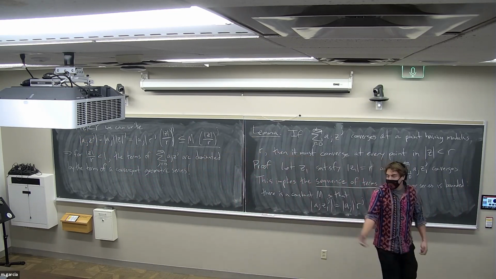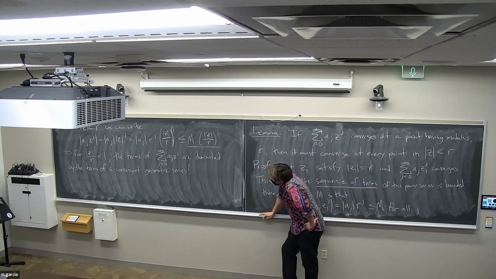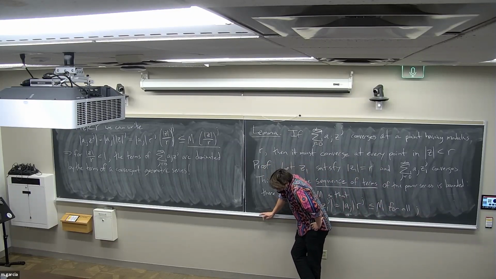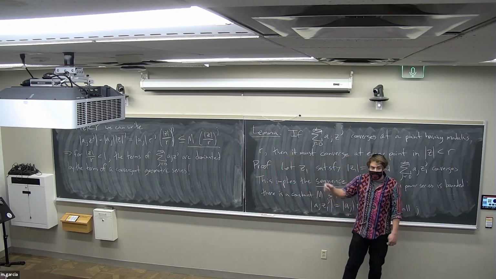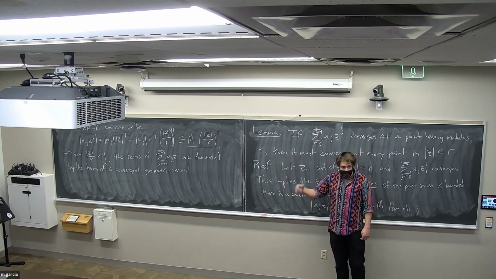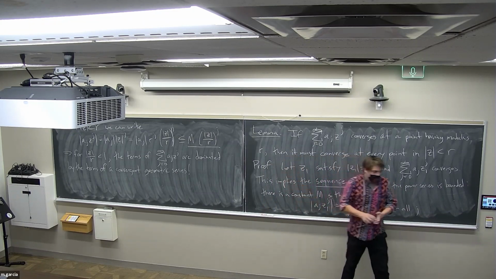Which happens to be the sum from j equals 0 to infinity of a_j times z to the j. If I can construct a series that term by term bounds it, which converges, then I know my original series must converge as well. That's what the comparison test says. And that's precisely what we've done.